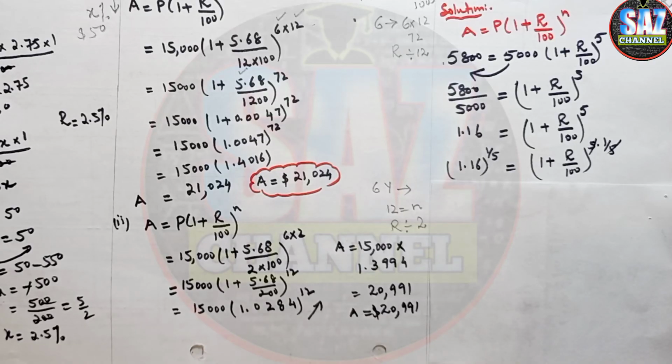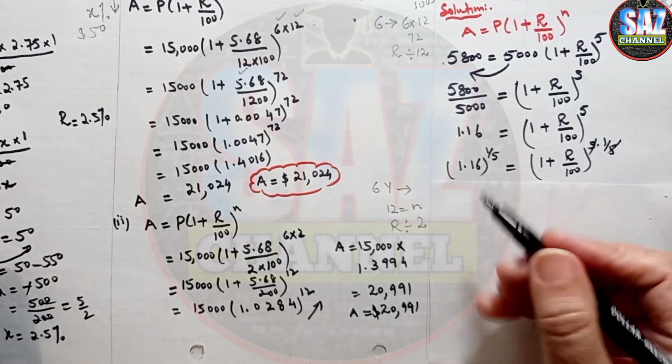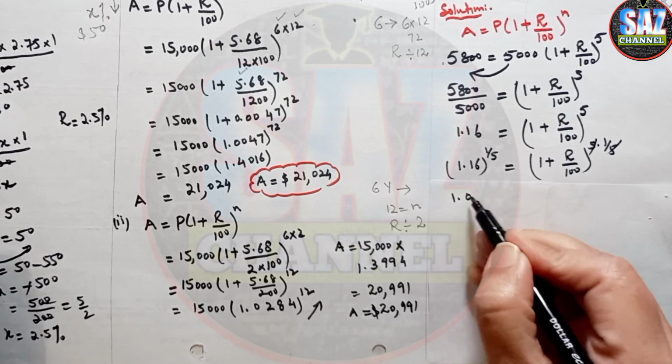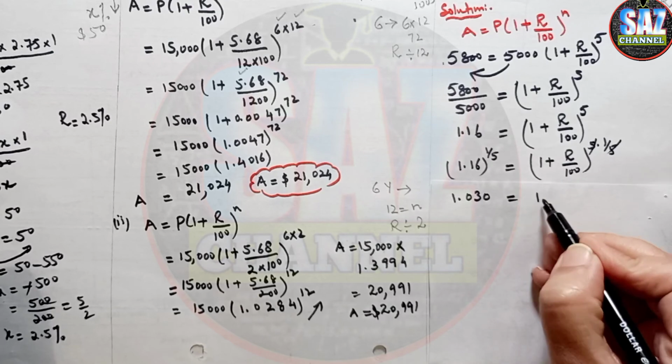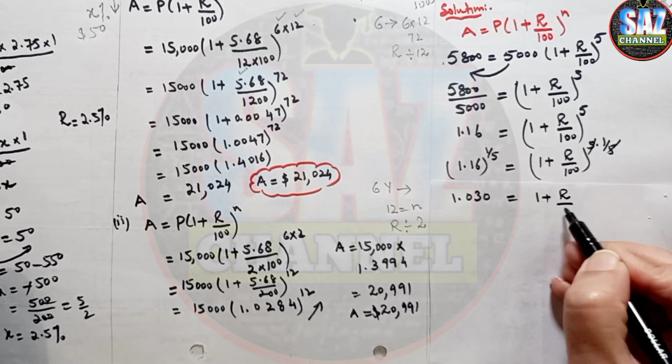Now hold your calculator and take 1.16 raised to 1 by 5, and this gives me 1.030, equals 1 plus r over 100.